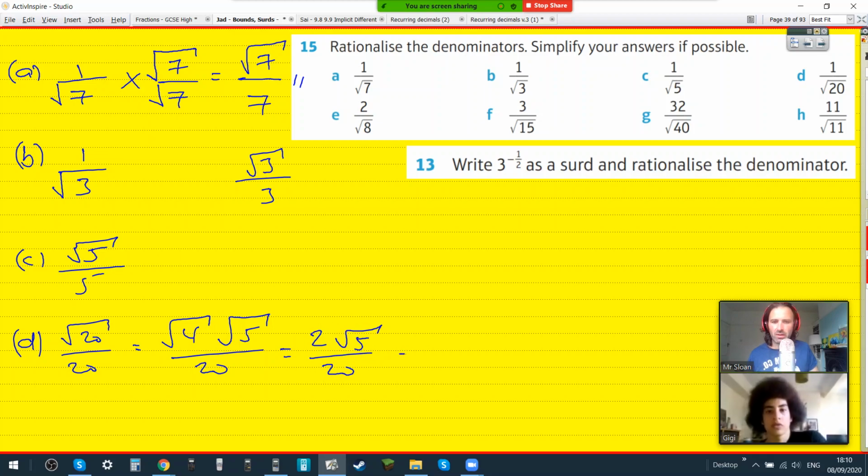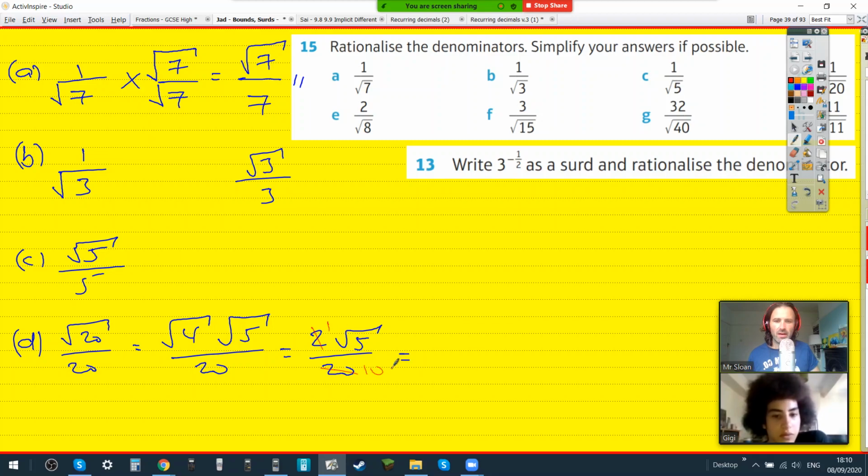Can you make that simpler? No, I don't think so. What is 2 over 20 the same as? 1/10. Yeah. And so what would that simplify to overall? So what would be the final answer? 1 root 5 over 10. Yeah, same thing. It's like 1x.